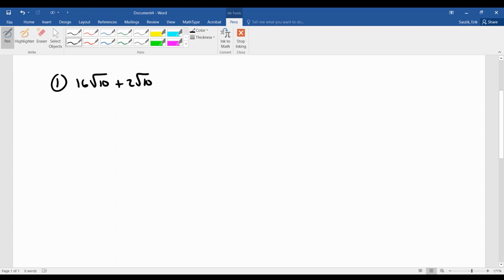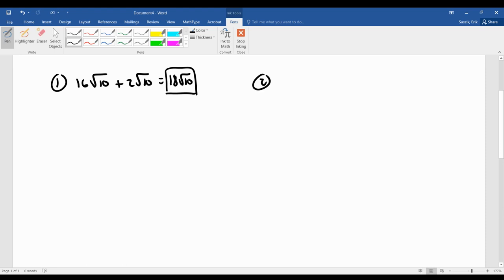So altogether you have 18 oranges, right? We have 16 root 10s and 2 root 10s. Together we have 18, but it's still root 10. That doesn't change. Just like when we combine x and x, that didn't change. Y and y, that didn't change. X squared and x squared, that didn't change when we're adding or subtracting. So you can only combine like terms.